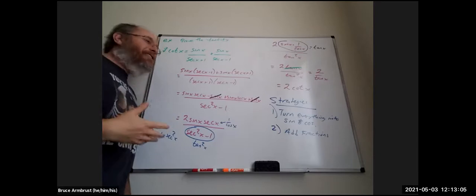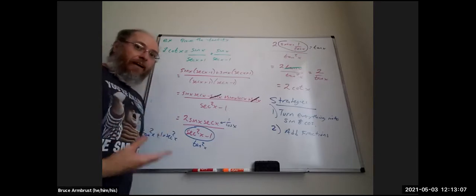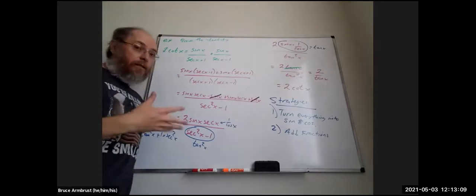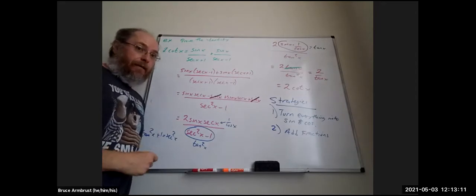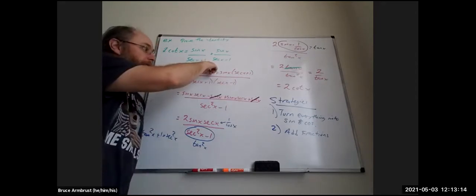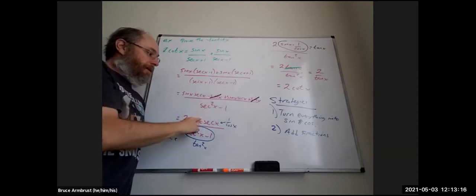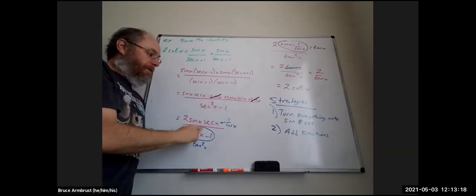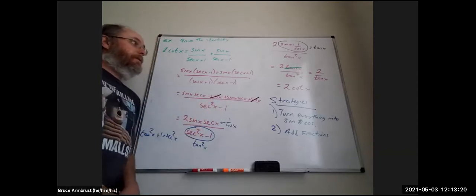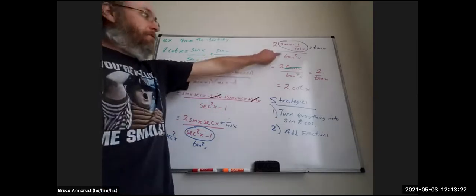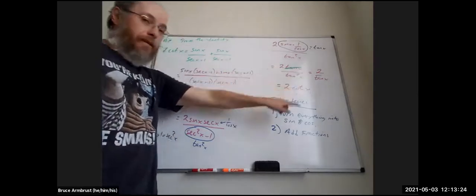Okay, so lots of algebra and trig, and it was all intermixed, right? I mean, we started with an algebra step, which led to some more algebra steps, which then led to some trig steps, which led to more trig steps, which led to some algebra, which led to some trig.